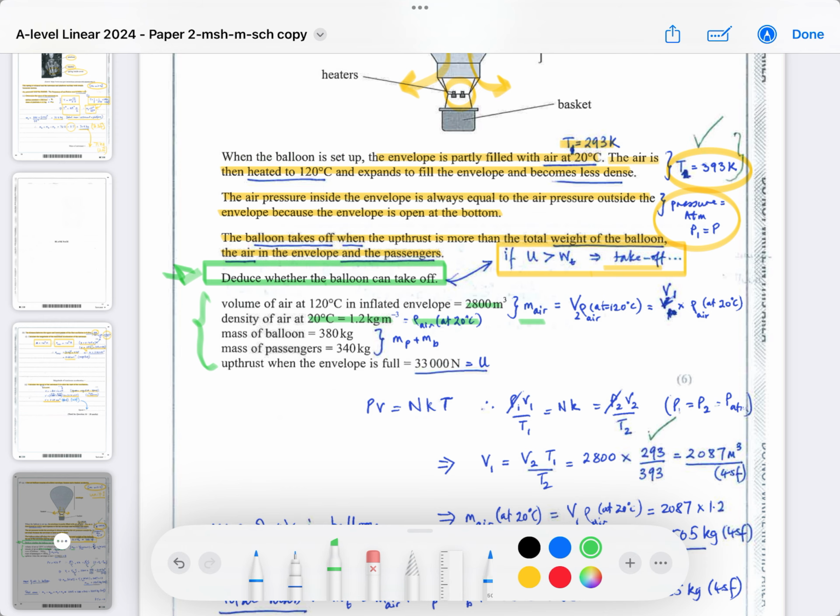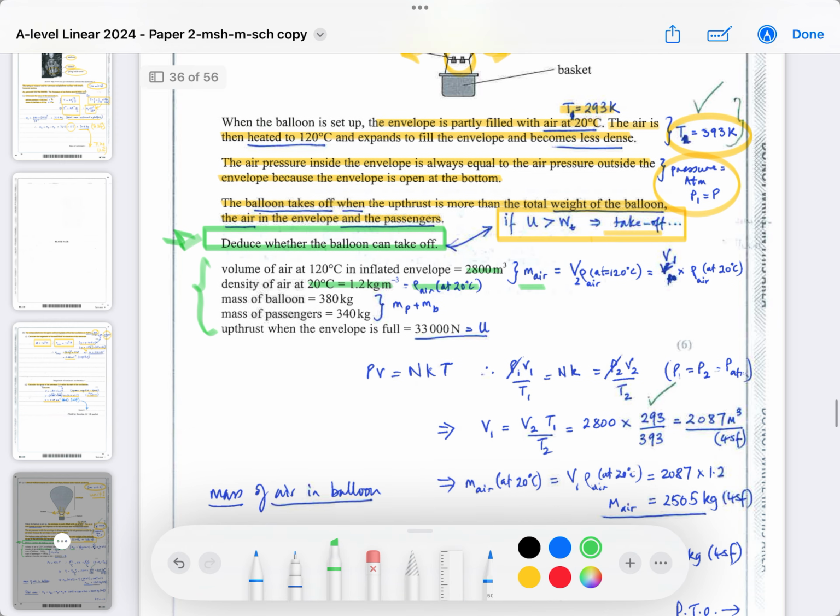So bear with me, because I did this solution quite a while ago. So we know that pressure times volume is equal to nKT. Yes, it's a gas law. So P1 and P2 cancel out. Why is that?